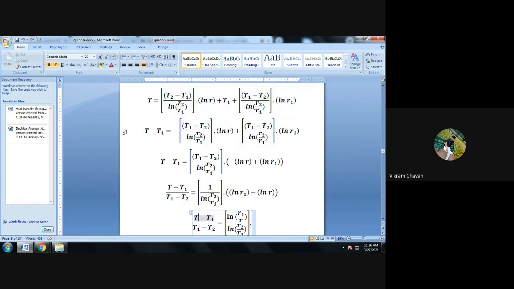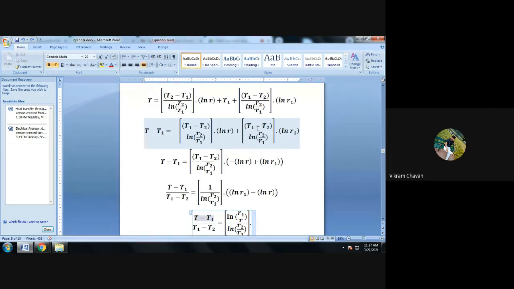Afterward we did some mathematical operations. We shifted T1 to the other side, so it becomes T minus T1. Then, to match the format of the equation, from the first term we took the negative sign common, so T2 minus T1 becomes T1 minus T2. The remaining part stays as it is.